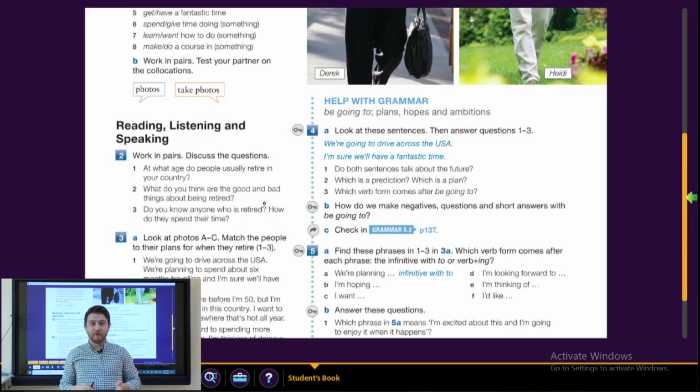When you are retired, you can spend more time with your family members. This is the good thing about being a retired person. But the bad thing is you might get bored easily because you are not doing much.